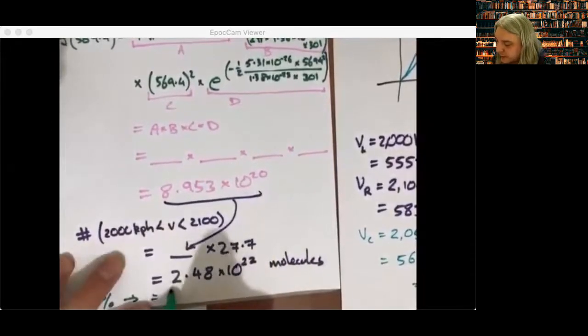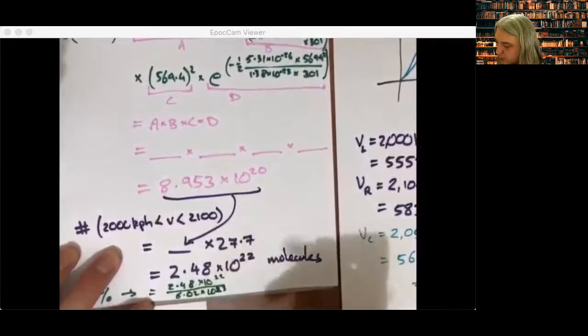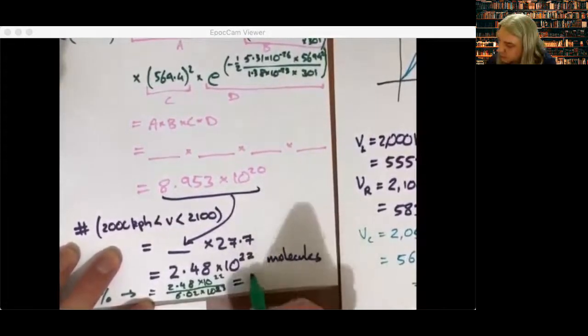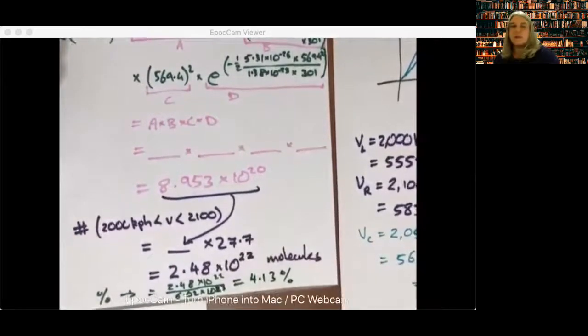So it equals that number, 2.48 times 10 to the 22 divided by 6.02 times 10 to the 23, right, 1 mole. And that comes out to be 4.13%. So slightly over 4% of oxygen molecules are traveling between 2,000 and 2,100 kilometers per hour when the temperature is 28 degrees Celsius, right?